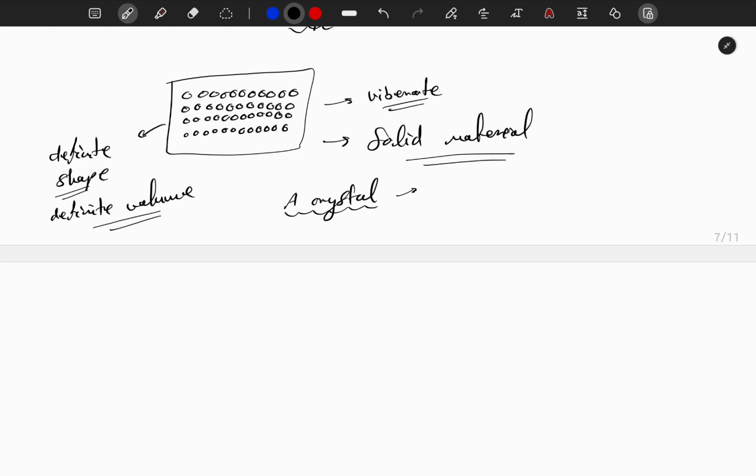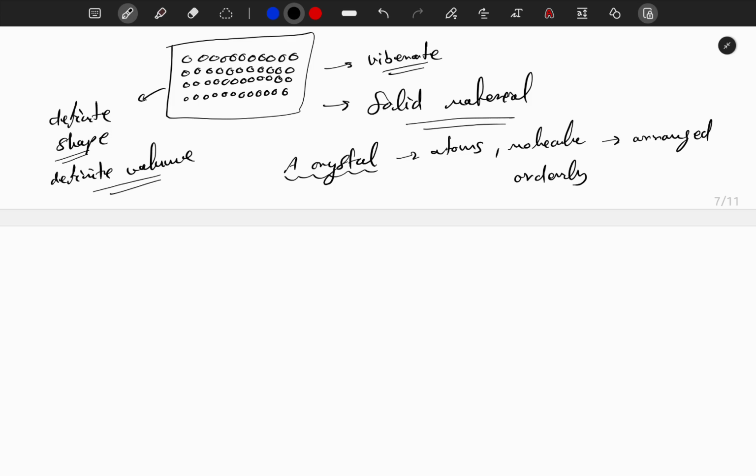So a crystal is made up of atoms or molecules that are arranged orderly. So there is an order in the arrangement of these atoms or microscopic particles, and this type of solid is called a crystal.